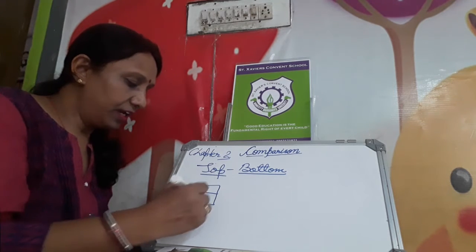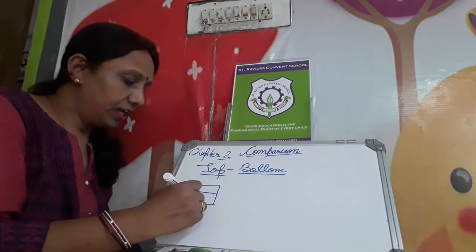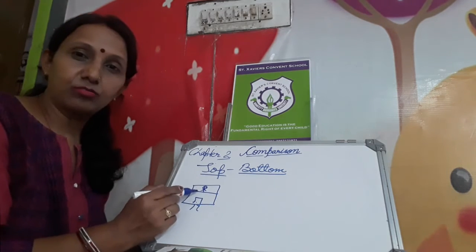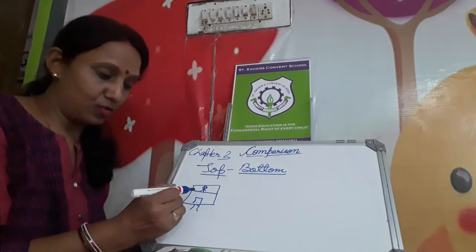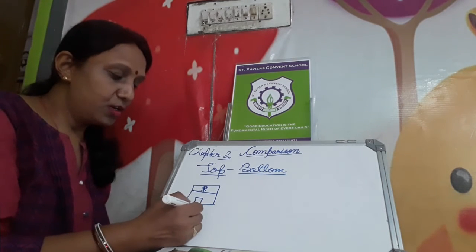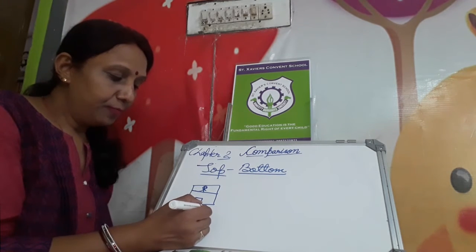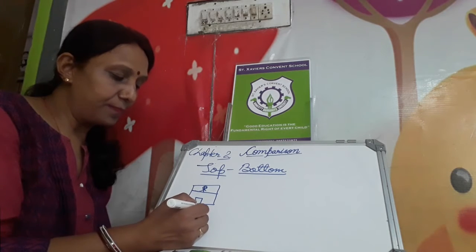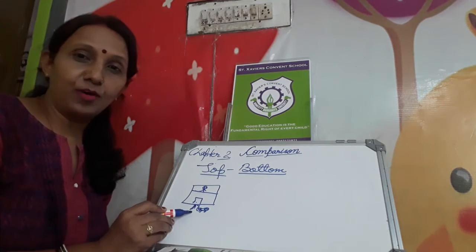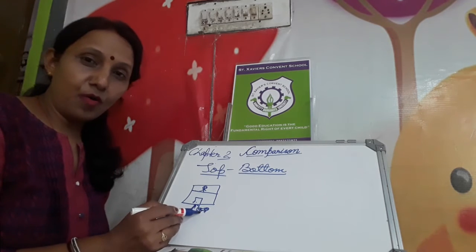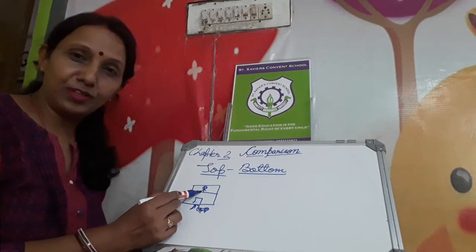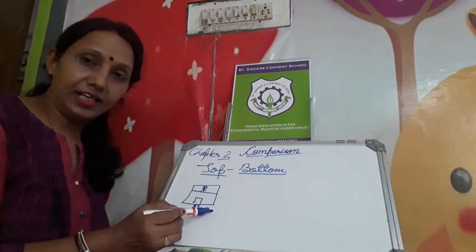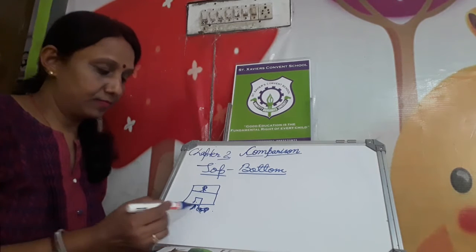So here you are on the top of the house. You are standing on the roof of the house. And here you can see your puppy. Your puppy means your dog, the baby of a dog. Your puppy is at the bottom of the house, and you are at the top of the house. So this one is the top when you are there. When you are here, that will be the bottom. Alright?